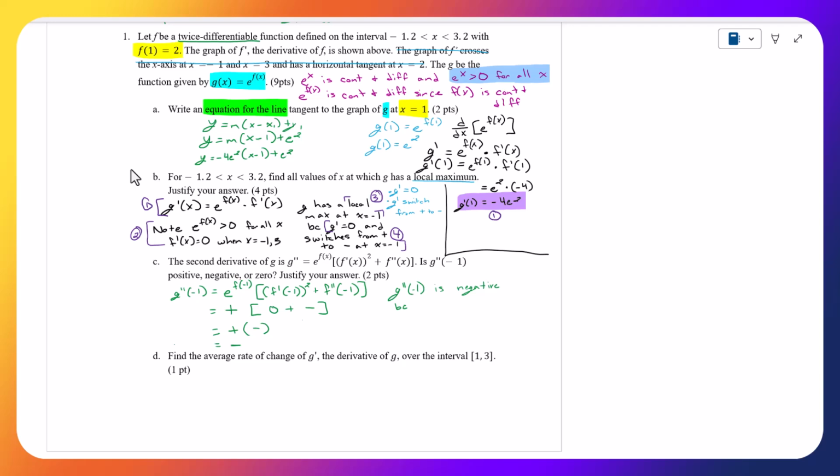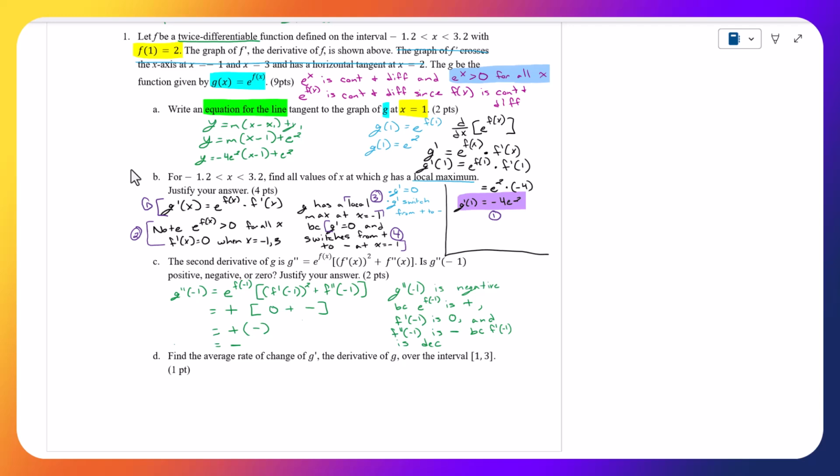And really what you want to say here is justify that f double prime is negative. F double prime is negative because f prime, oops, sorry, is decreasing. And that's enough to justify that it's negative.